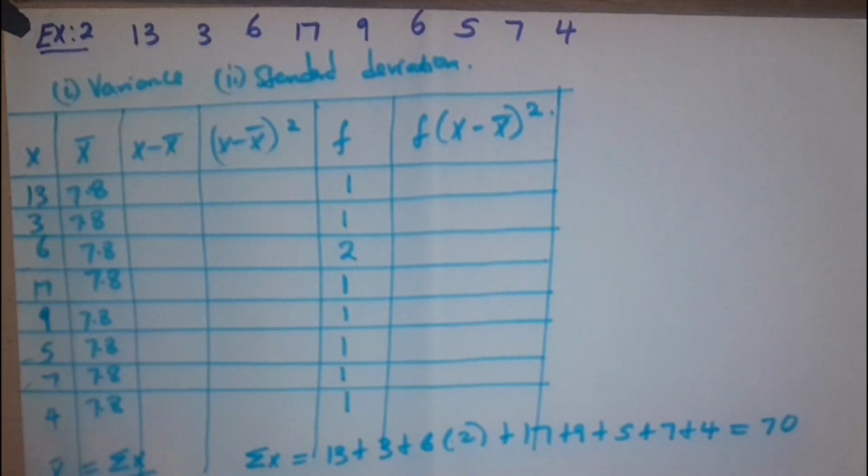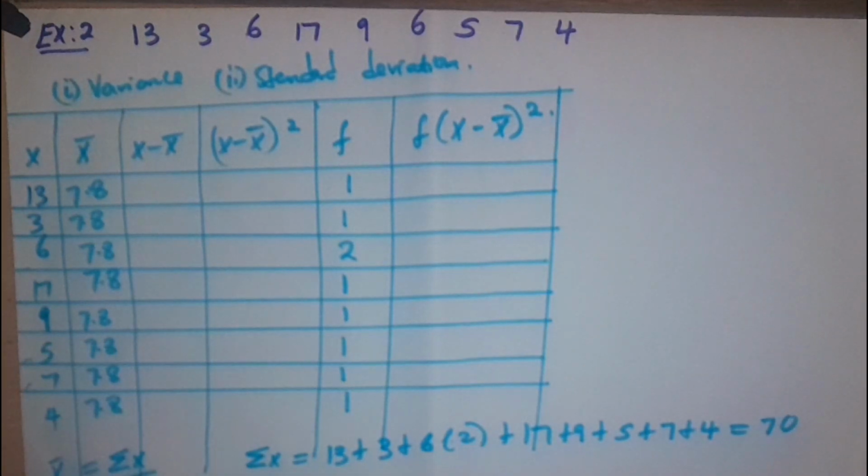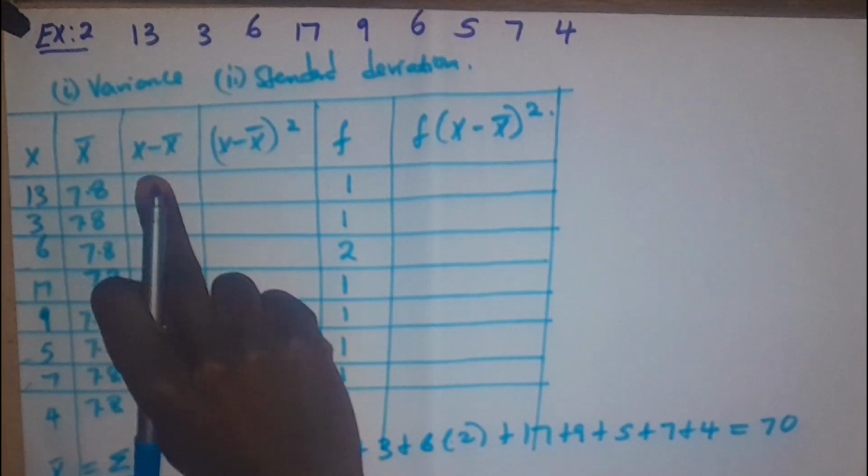Now we are at the stage of finding each value in each column, whereby each observation minus the mean.